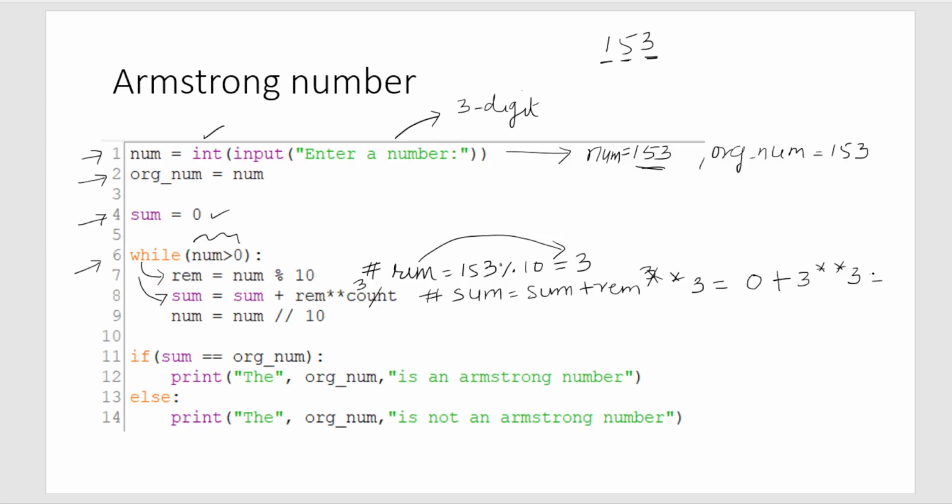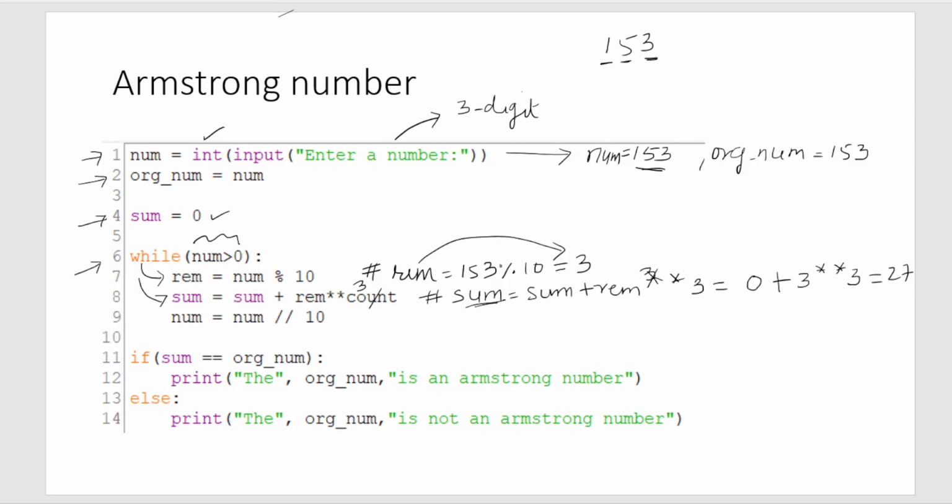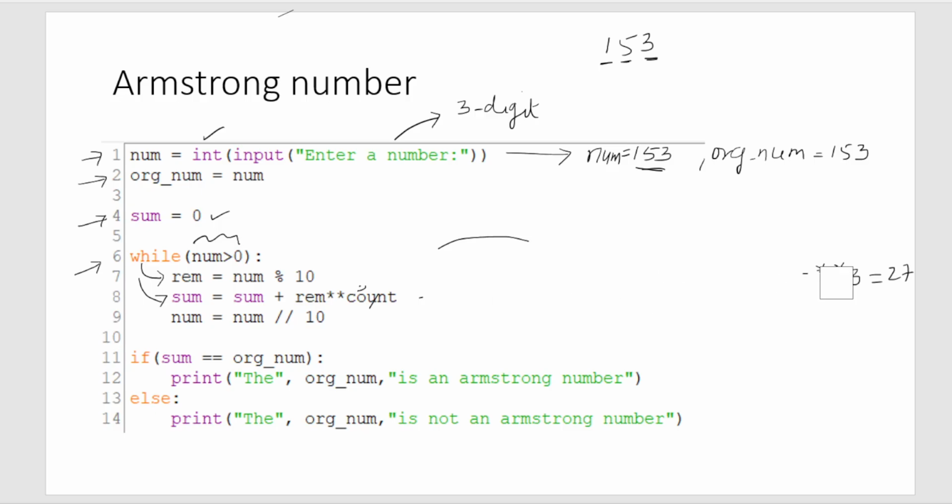Then what will be the value? It comes out to be 27. So 27 is the value that is assigned to sum. So if I create a table here for ease, because if you understand this logic till now, I will create a table that will tell you everything in concise form.